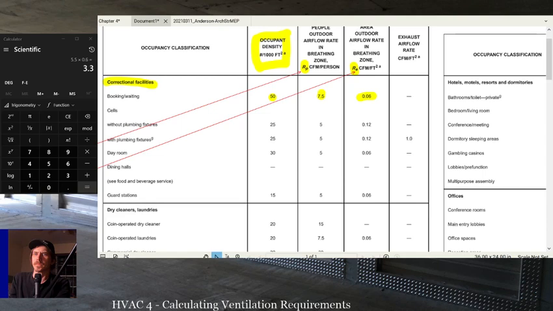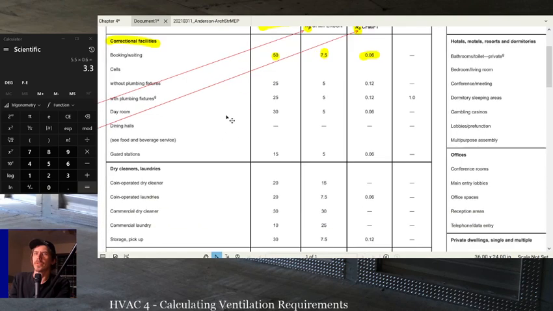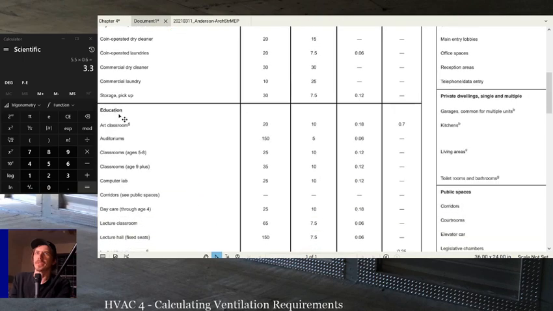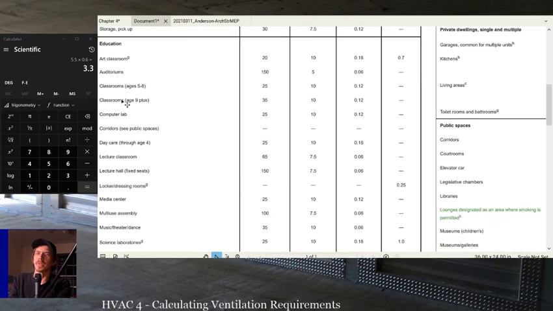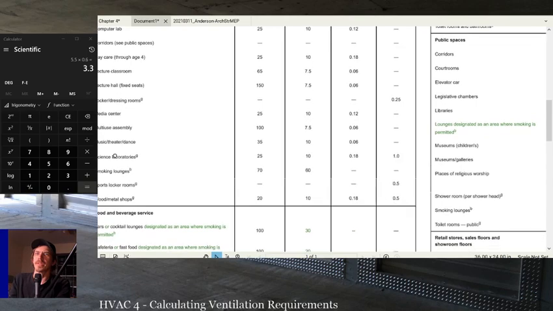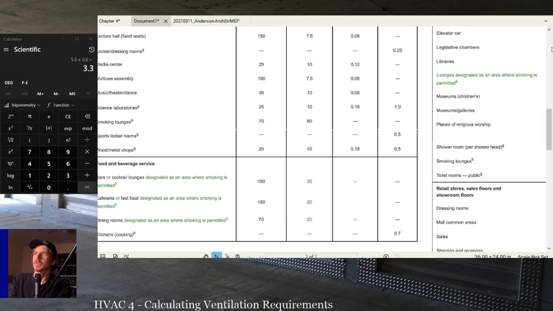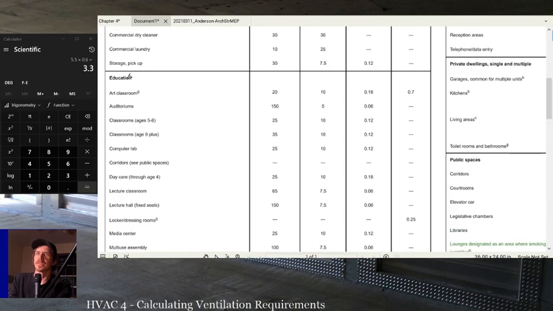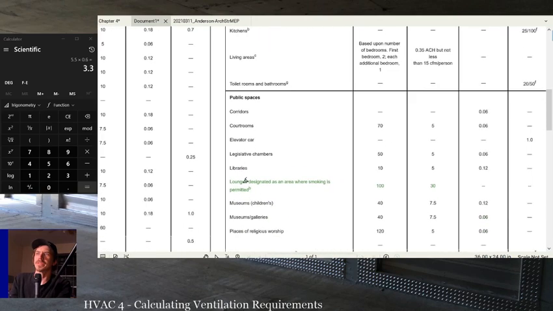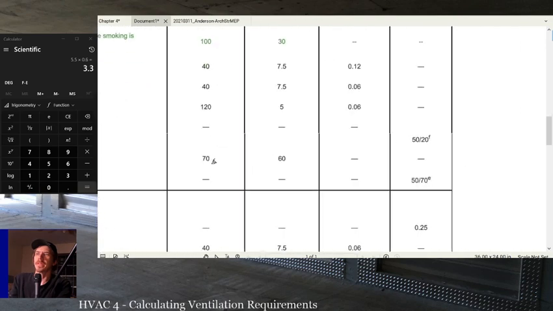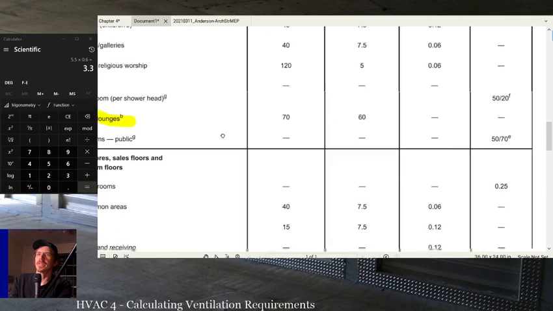Let's look for a smoking lounge. No smoking lounges. Sometimes the same thing is in multiple places, so you just want to look. Oh, there's one. There's smoking lounge. There may be other ones, and sometimes it's important what kind of building it is. So this is a smoking lounge for an educational facility. Public spaces, here's another smoking lounge, but if we look at it, we should see that the numbers are the same.